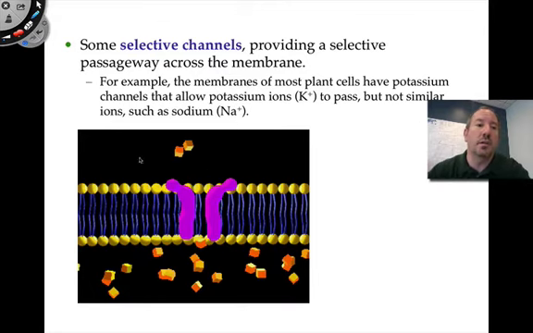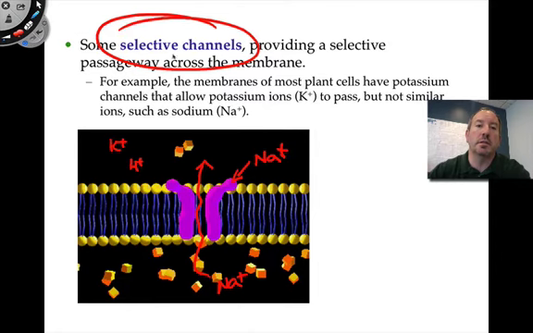These doors, if you will, are specific. If that's a sodium channel right there, and this is sodium, then sodium is going to be the only one moving through, and potassium, so sorry, you can't get through. Or hydrogen, so sorry, you can't get through. These are very selective channels.